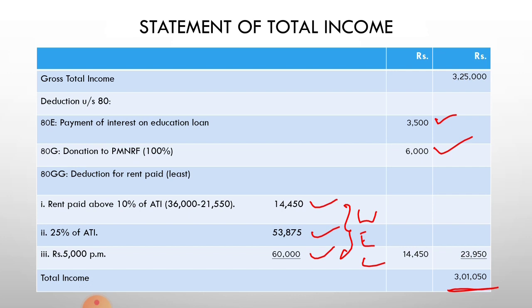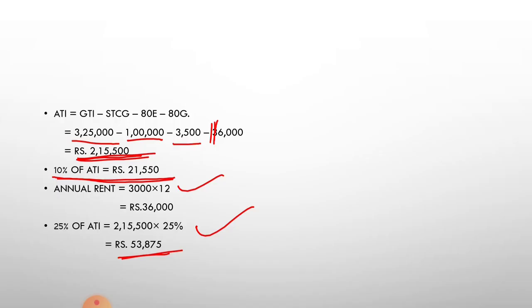There are some restrictions. The restrictions are rent paid above 10% of adjusted total income or 25% of adjusted total income or 5,000 per month, whichever is less. So, this is about deduction under section 80GG.